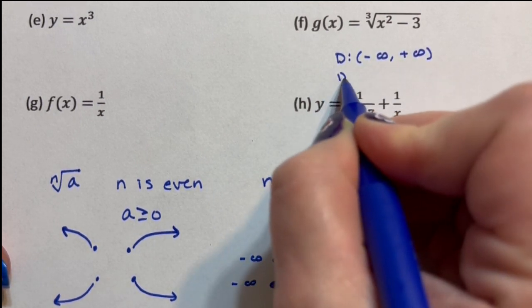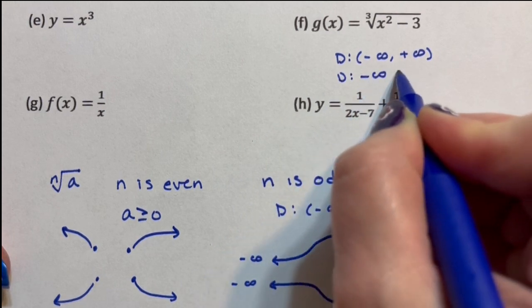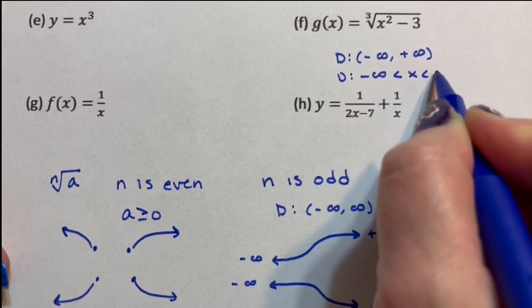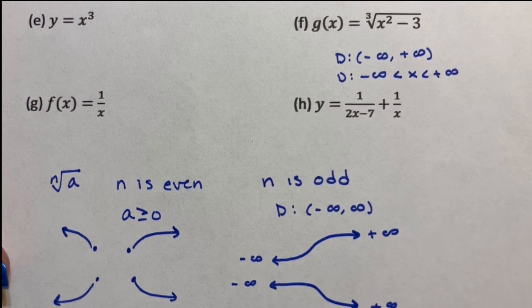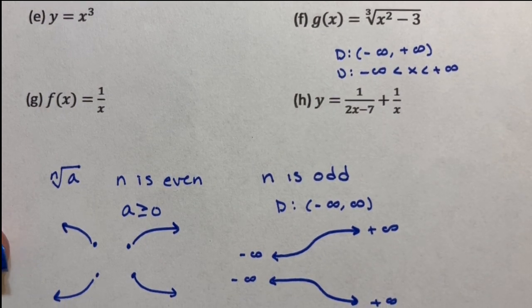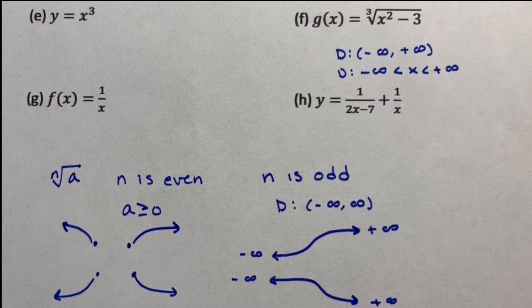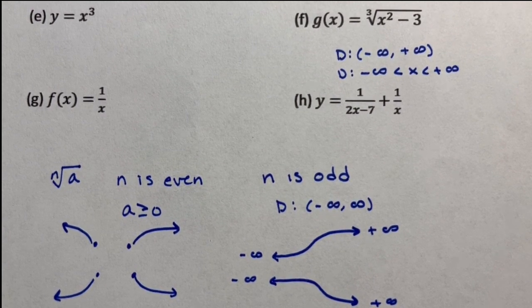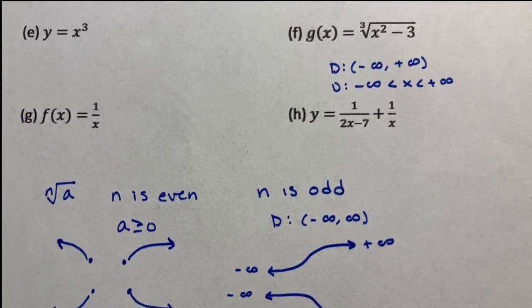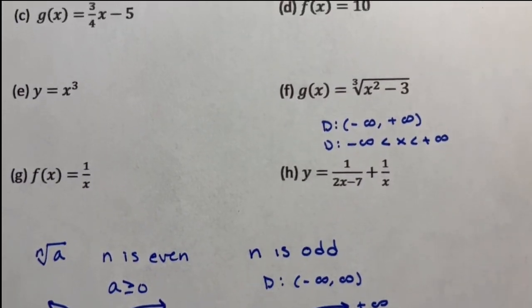Or you could write negative infinity is less than x is less than positive infinity if you want the inequality. Either way works, because the odd thing about an odd radical is it's oddly simple. You can ignore whatever is inside. But the even ones are picky and obnoxious.